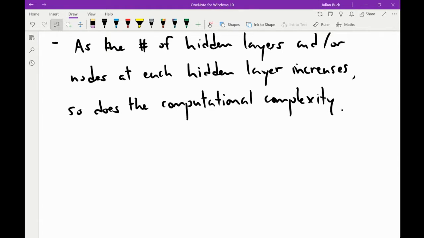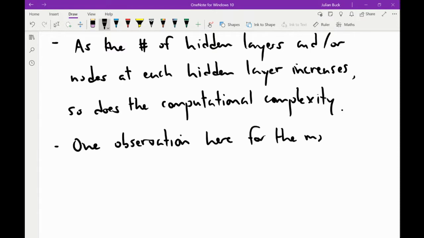Okay, one observation that we can make along these lines for the moment, in terms of the interplay between computational complexity and layers and nodes.